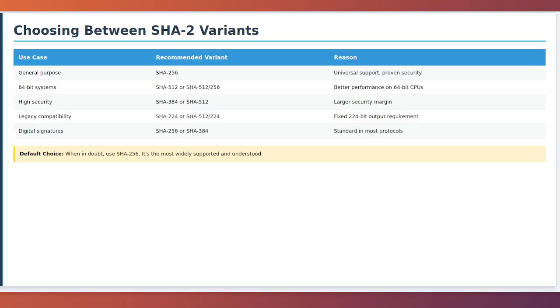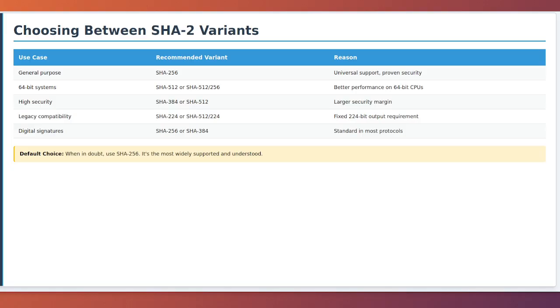SHA-512 also provides a larger security margin with 256-bit collision resistance, which might be desirable for extremely long-term security requirements or high-value applications. Use SHA-384 when you need the security properties of SHA-512 but want a shorter output, perhaps for bandwidth or storage efficiency. It is common in high-security government and financial applications.